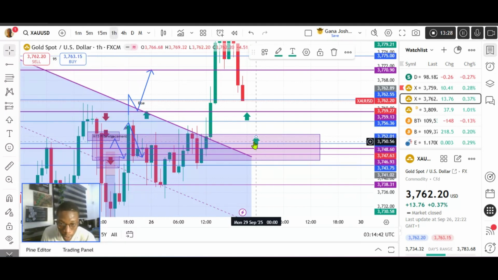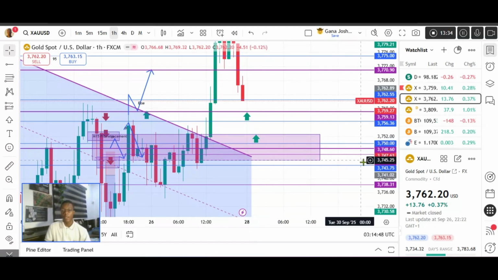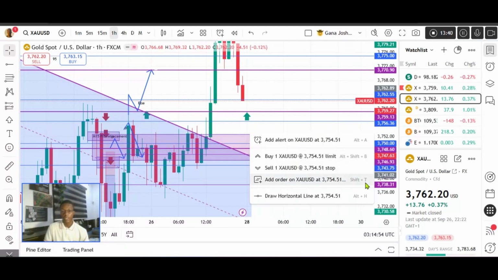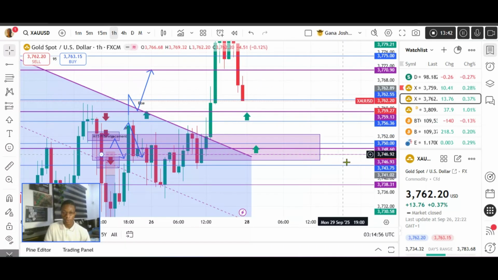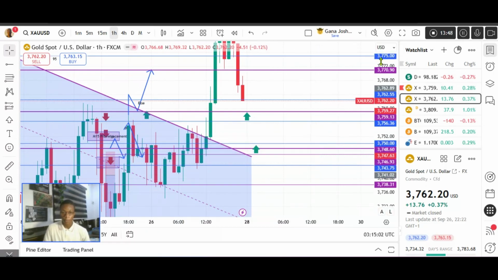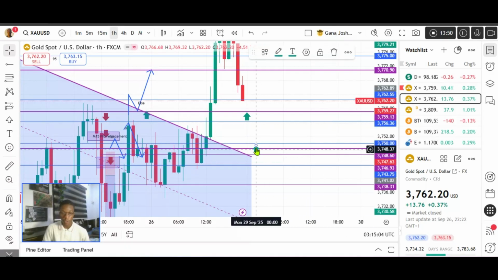Guys, don't mind my charts. So that means we'll be expecting price around 3750, this resistance. This is the second probable option, a point of interest, in case this one doesn't hold.